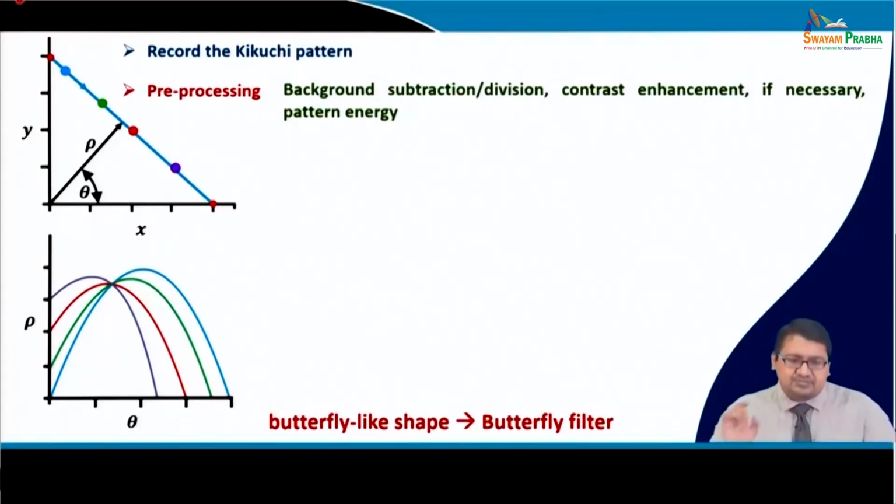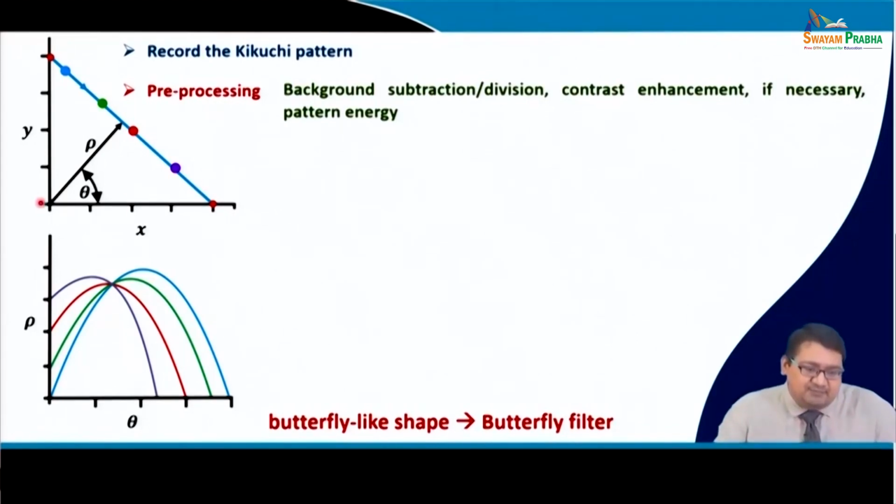Now, in a Kikuchi pattern image, I have shown here a schematic of it, and say for example, it is an average of the thick Kikuchi band, a line like this. And as I showed in the last lecture, a perpendicular to it from the origin.